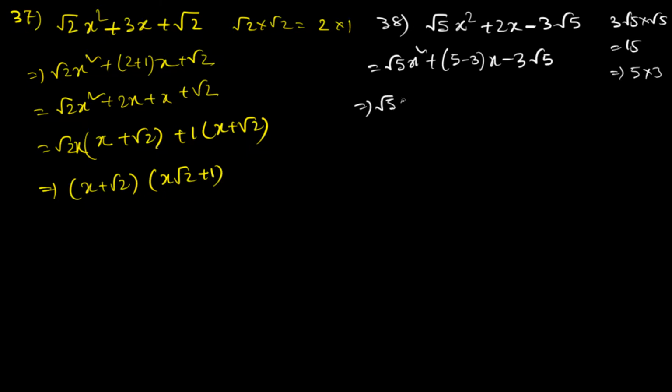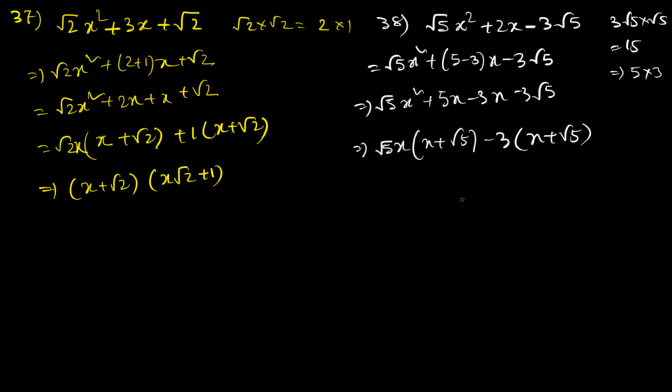It's root 5x square plus 5x minus 3x minus 3 root 5. I can take root 5x common, it's x plus root 5. I can take 3 common, it's x plus root 5. So it's x plus root 5 into root 5 times x minus 3. So that's 38.